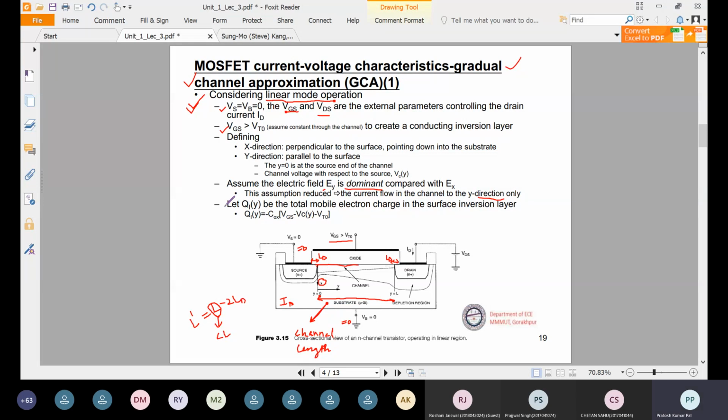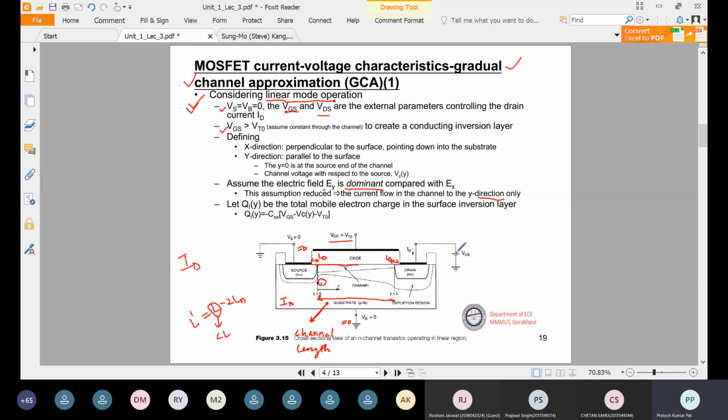Now we will consider what the charge is in this channel region. After considering the charge, and also the resistance, we will find the current. Our main motive is to find out what the ID flowing in the drain to source direction is.